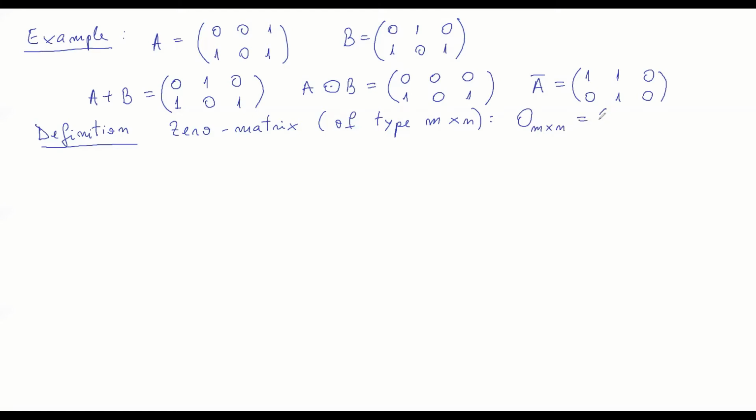Obviously, this is the matrix having just 0 elements on all the entries. And at the same time, I define the 1 matrix, again of type M times N. I denote this by 1, and I show the type. This is the matrix having 1 everywhere on all of its M times N entries.